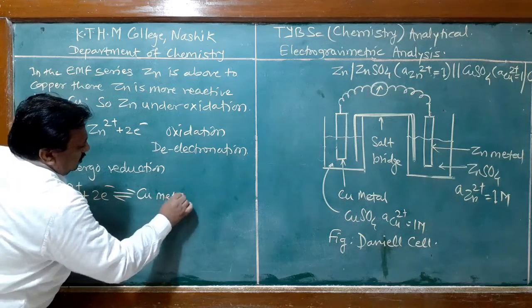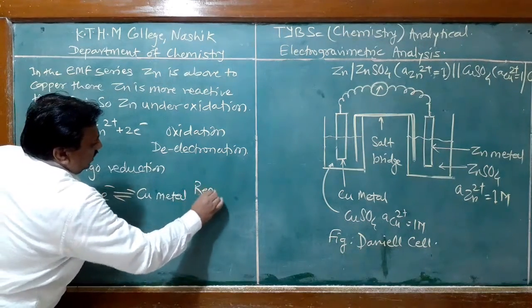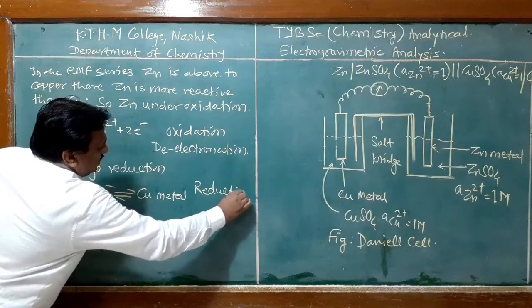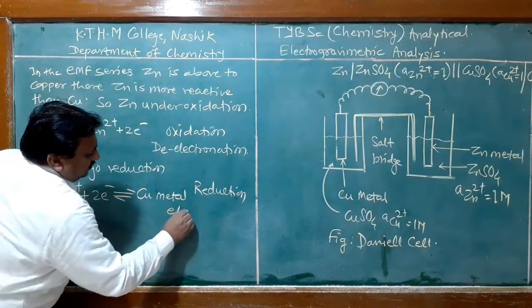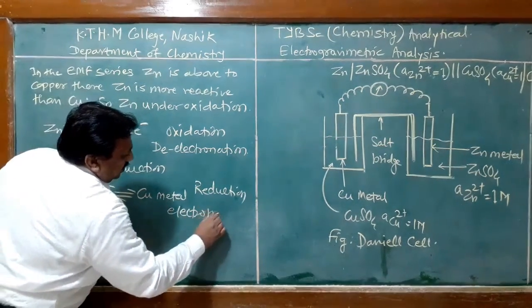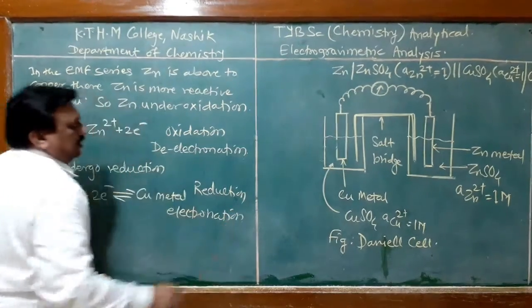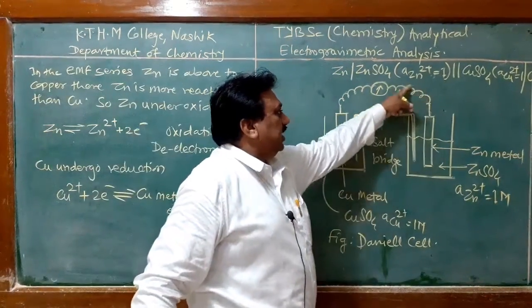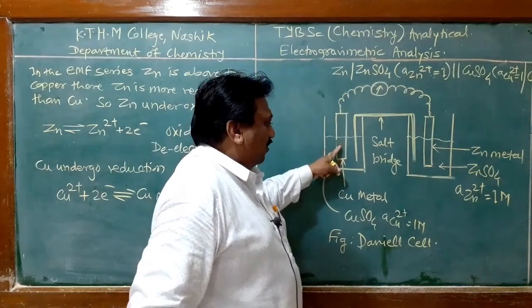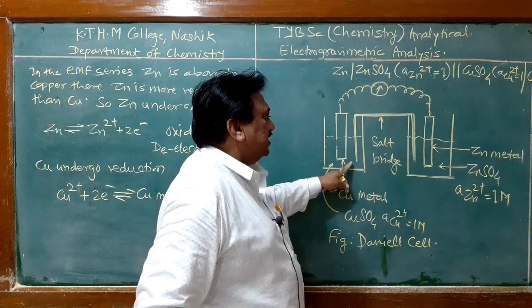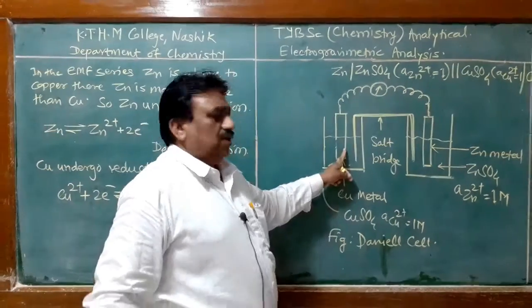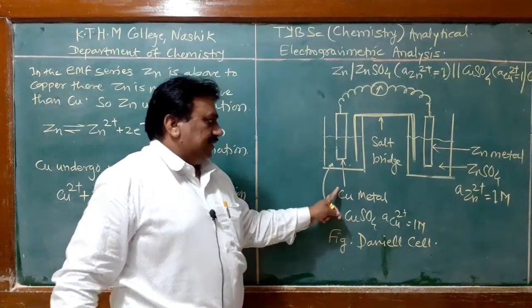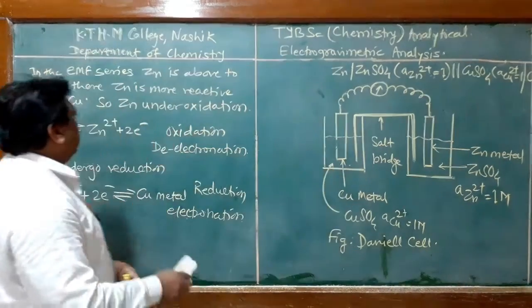Here a reduction of copper takes place, and this process is called electronation. That means the electron released by the zinc electrode is taken by this copper ion, and copper gets deposited onto the copper rod.